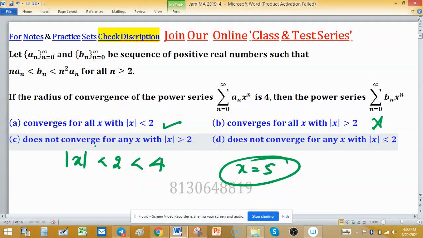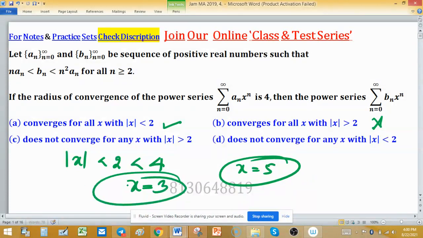In option C, it does not converge for any x with mod x greater than 0. But I can say for x equal to 3, this series will be convergent.